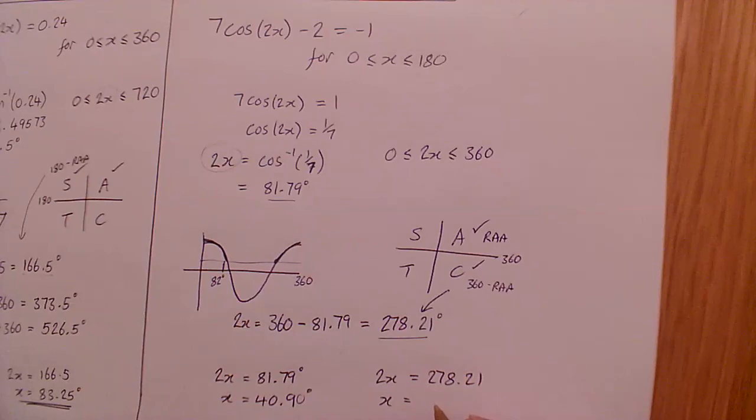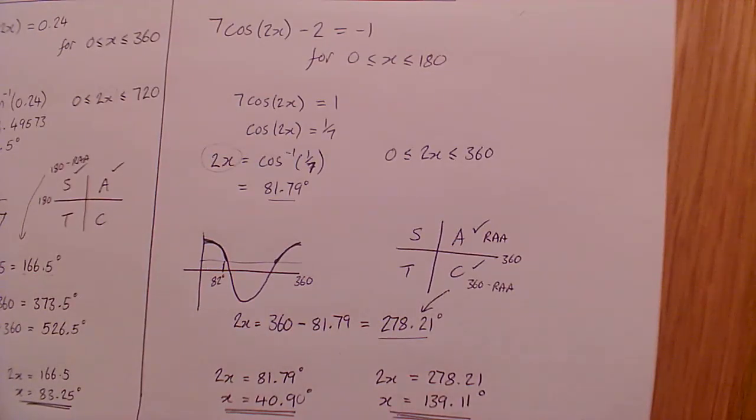In that case, when we divide by 2, x equals 139.11. I think, yes. Because it would be 105, which rounds to 11. I've rounded these at the same time as working them out. It's not very good practice. Apologies. But we've got our 2 answers there.